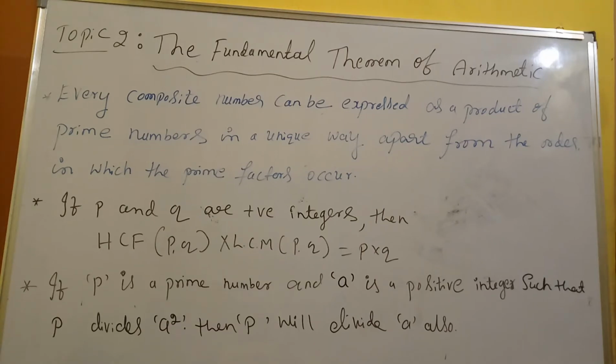The fundamental theorem of arithmetic states that every composite number can be expressed as a product of primes, and this factorization is unique apart from the order in which the prime factors occur. It is also known as the unique factorization theorem.